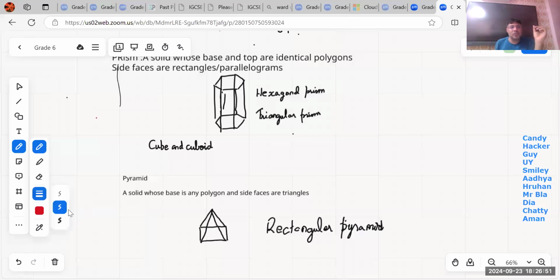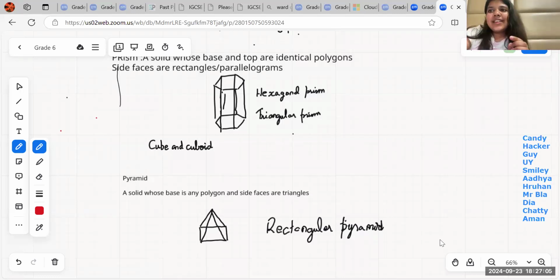So anyone wants to give a try? Raise your hands. How many faces are there in this hexagonal prism? First, I'm talking about hexagonal prism. Sir, 10. The answer is wrong.